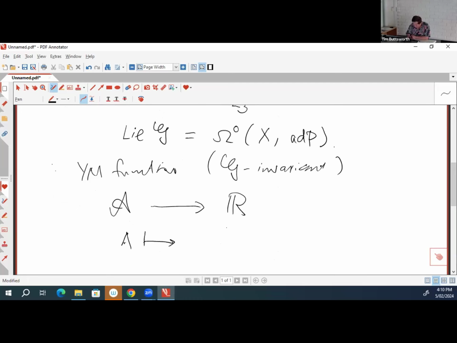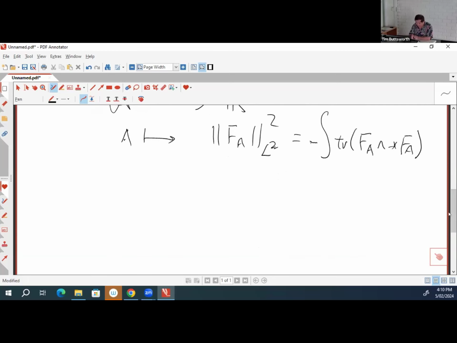We take the curvature here, and we essentially take the L2 norm squared. Using SU(2) or a Lie group, we take a unitary representation, so let's take SU(2), with minus the trace or the Killing form, and then we have the star operator on two-forms. That is the L2 norm, and then you can associate another quantity, which is the second Chern class of the bundle.